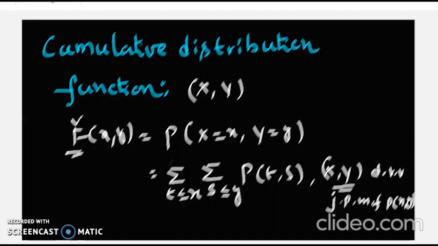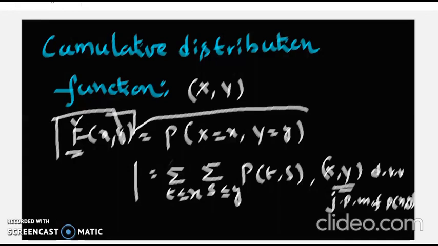So the cumulative distribution function for a discrete random variable is given by F of x comma y is equal to P of X less than or equal to small x, capital Y less than or equal to y, which is equal to the summation over t less than or equal to x, summation over s less than or equal to y, of P of t comma s. This is only for the discrete random variable case.